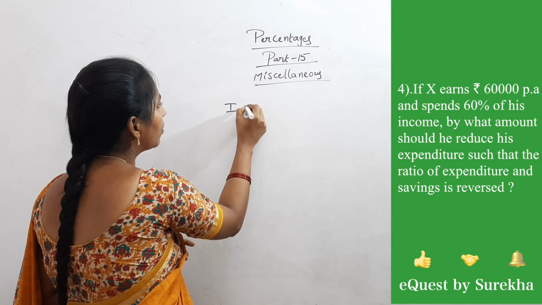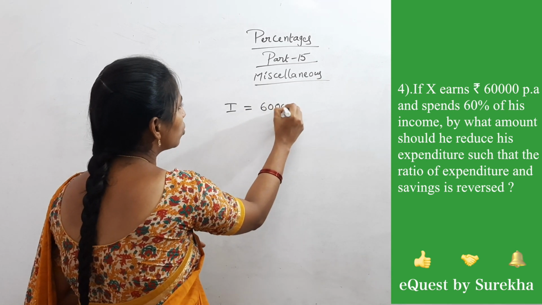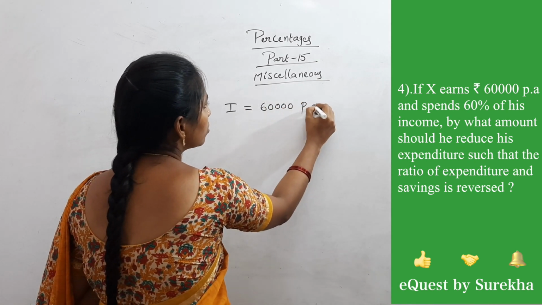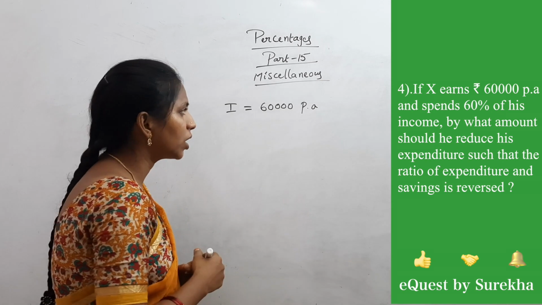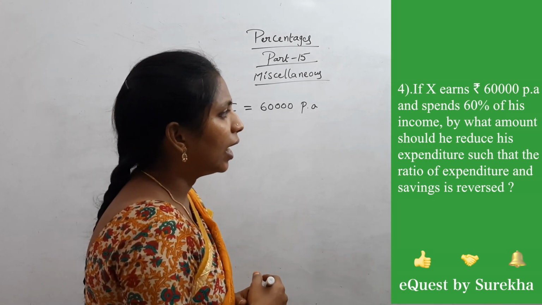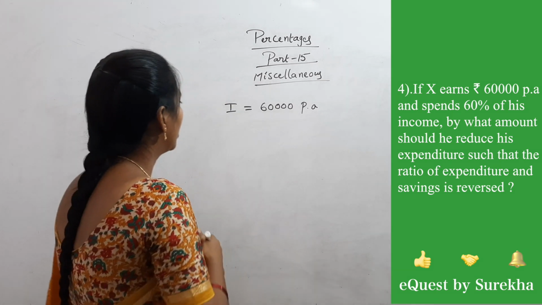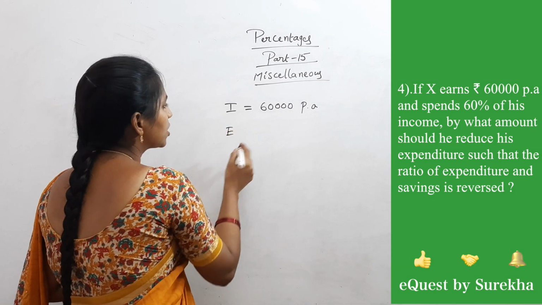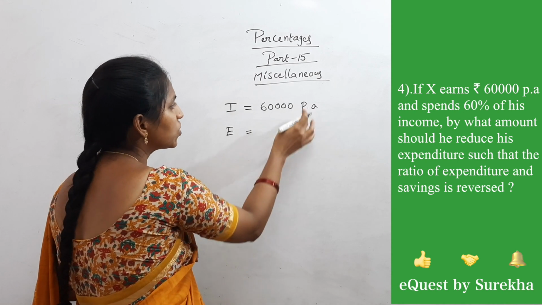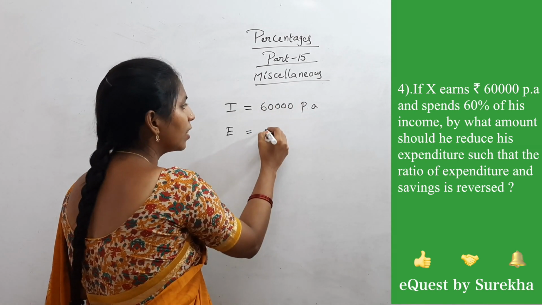Means income of X equal to 60,000 rupees. That is not per month, per annum 60,000 rupees. And he spends 60% of his income. Expenses equal to 60% of 60,000.